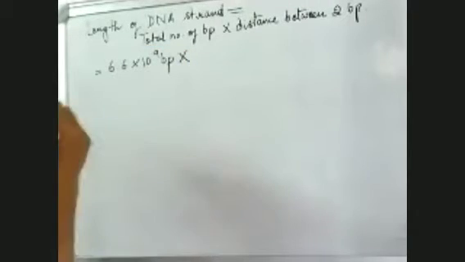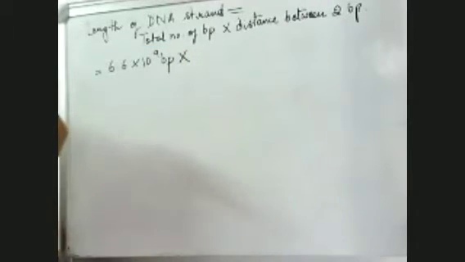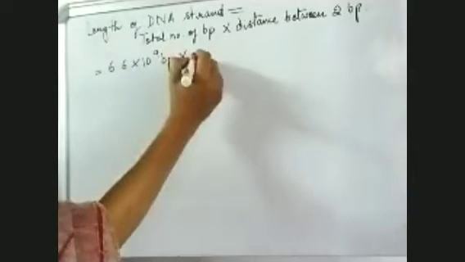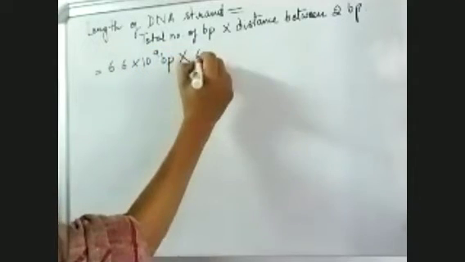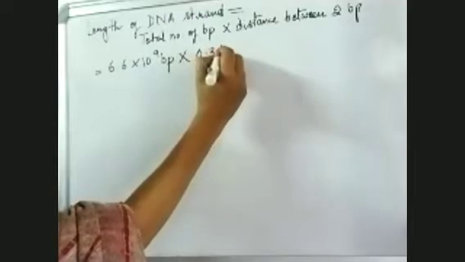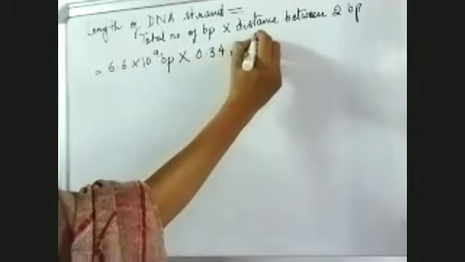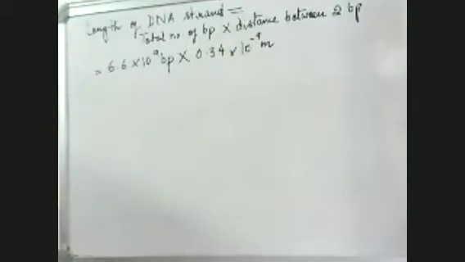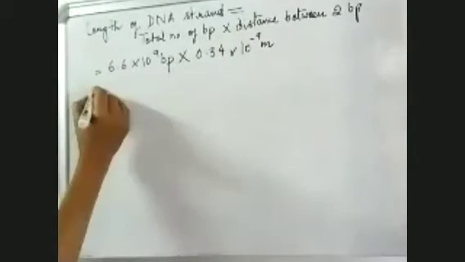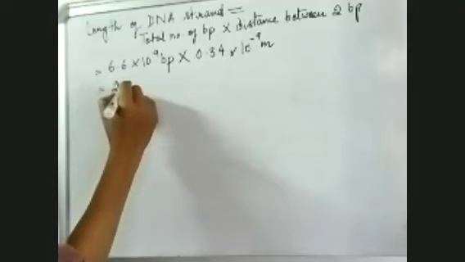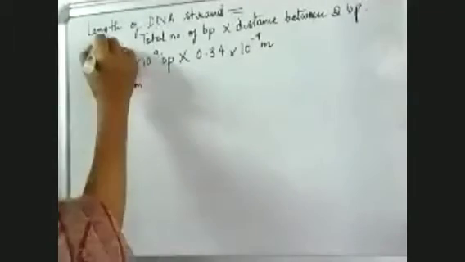Then into distance between two base pairs, it is 0.34 into 10 raised to power minus 9 meters. So finally you get 2.2 meters. This is the length of DNA strand.